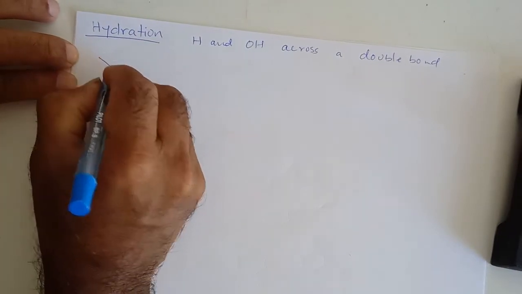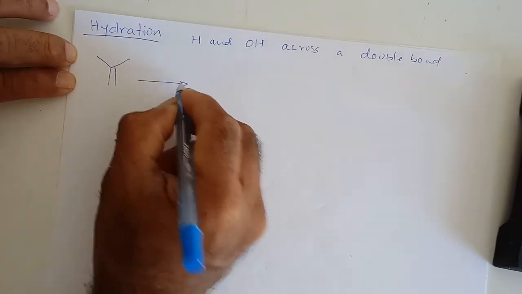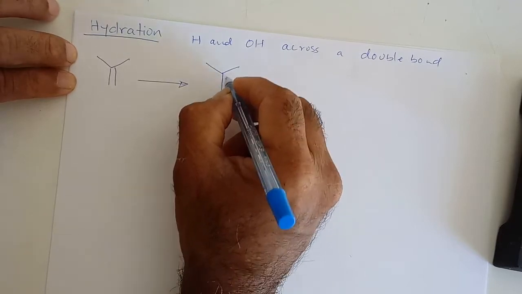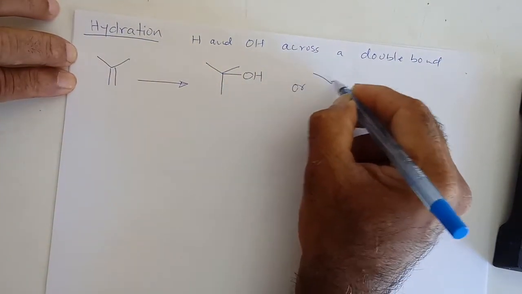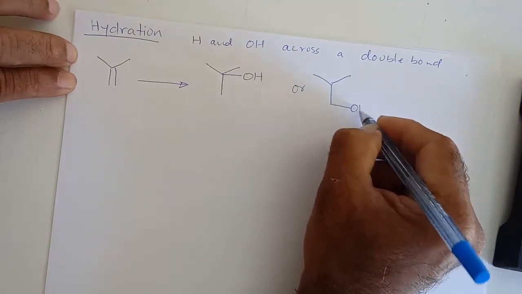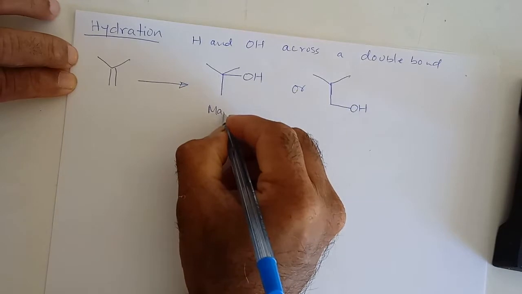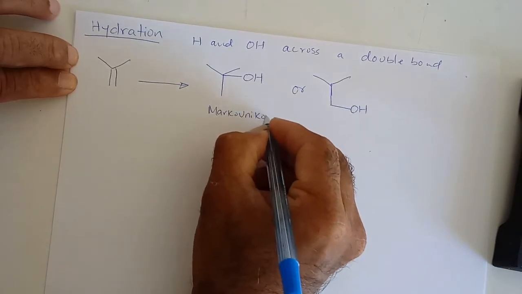I'm going to take my favorite molecule, an unsymmetric alkene, and convert that into either that alcohol or that alcohol, and you can see this is a Markovnikov product.